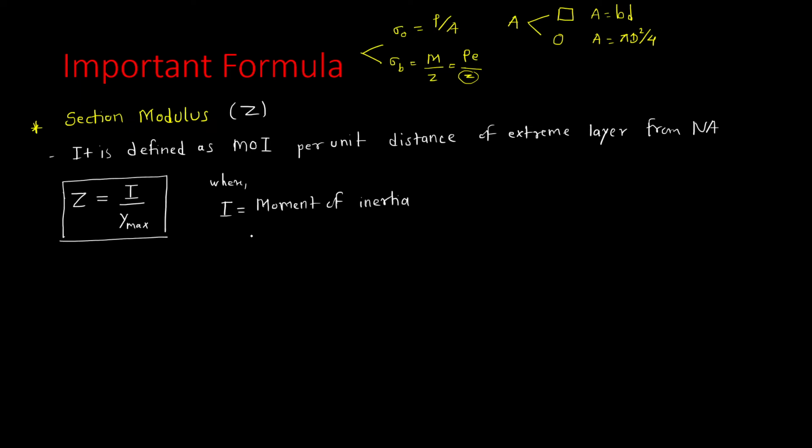Now this moment of inertia, we should know all the formulas for this. Now we'll write here separately the moment of inertia formulas of some standard sections. Moment of inertia is denoted by I.